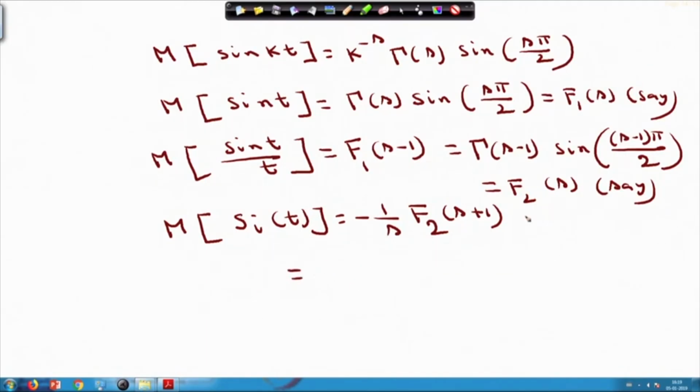So, that f 2 s is known to us, and I can substitute this. So, minus 1 by s gamma s sin of s pi by 2. Therefore, the Mellin transform of the sine integral function, that is SIT, is equal to minus 1 by s gamma s into sin s pi by 2.